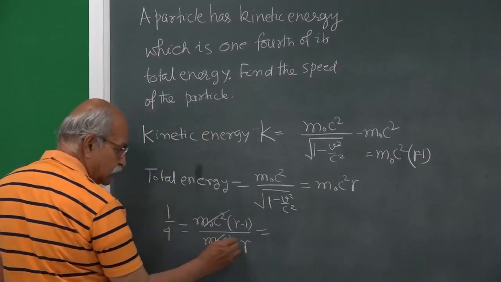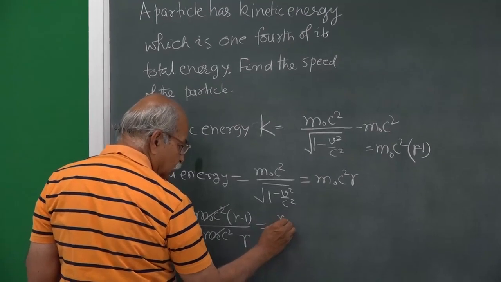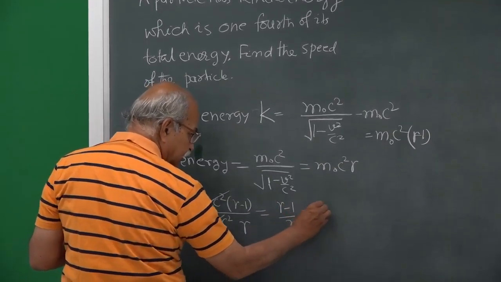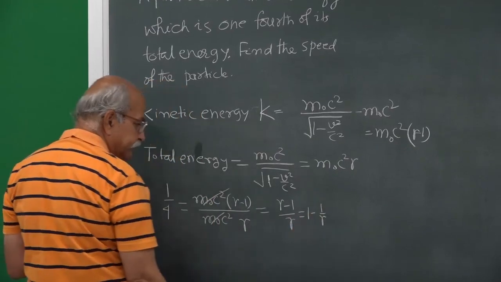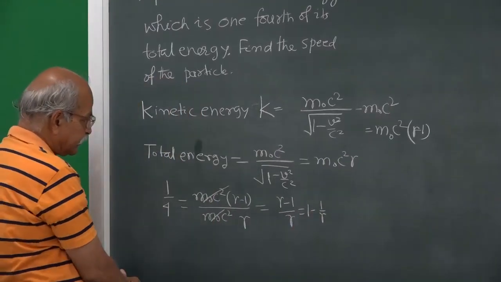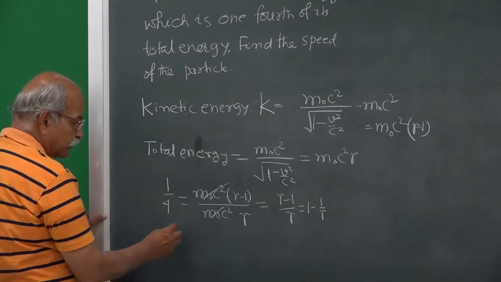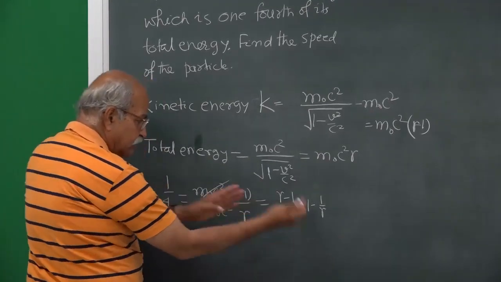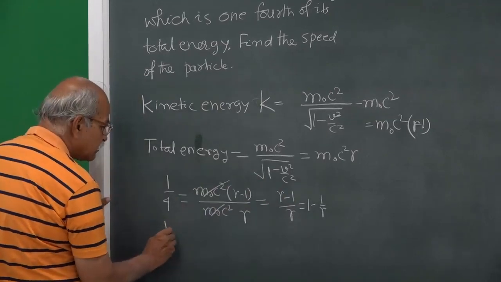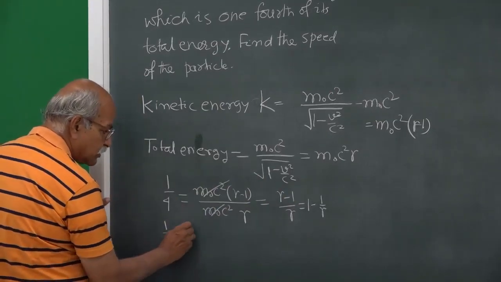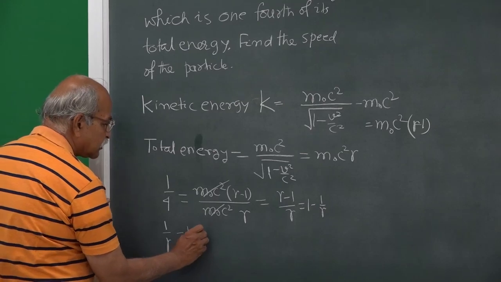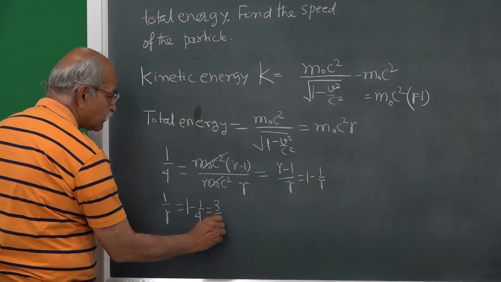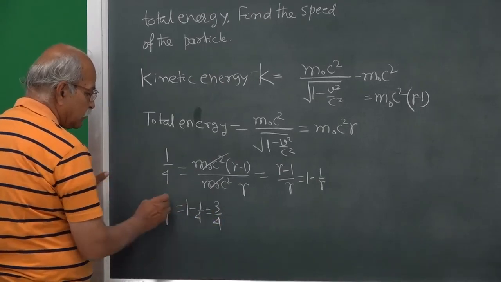This cancels out, and gamma minus 1 divided by gamma is 1 minus 1 by gamma. So, 1 by gamma is equal to 1 minus 1/4, that is 3/4.